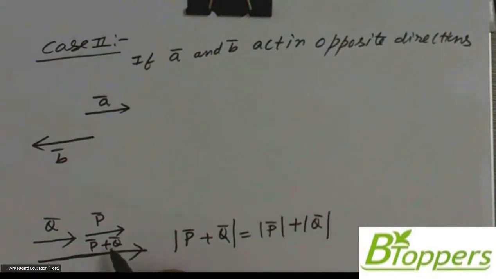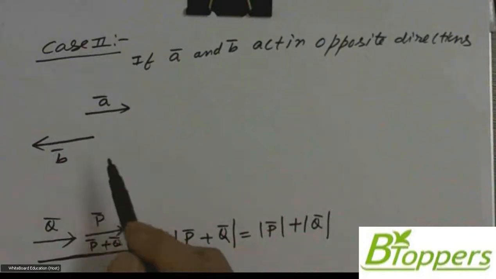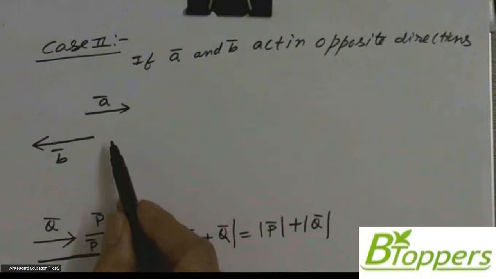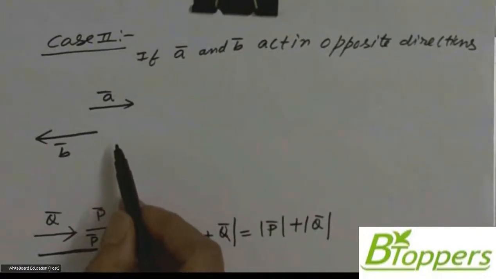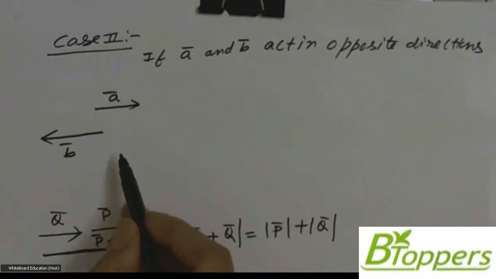The same conclusion we use here. The vector difference a bar minus b bar is defined as the vector sum of a bar and minus b bar.